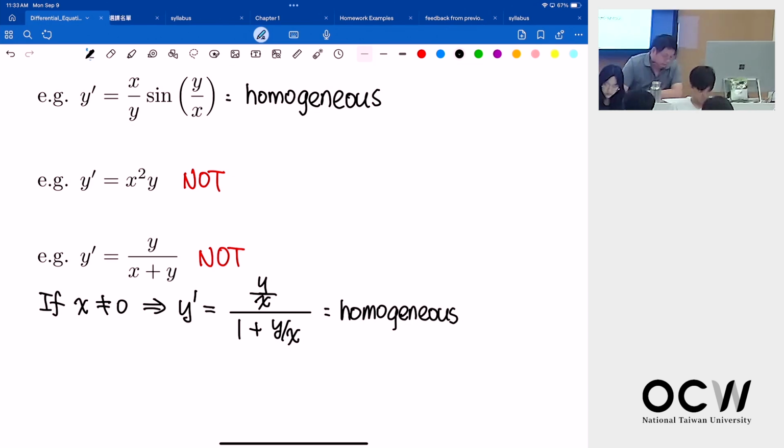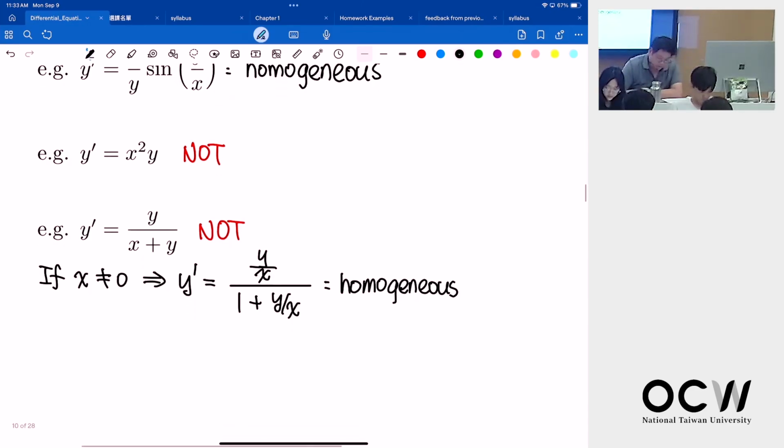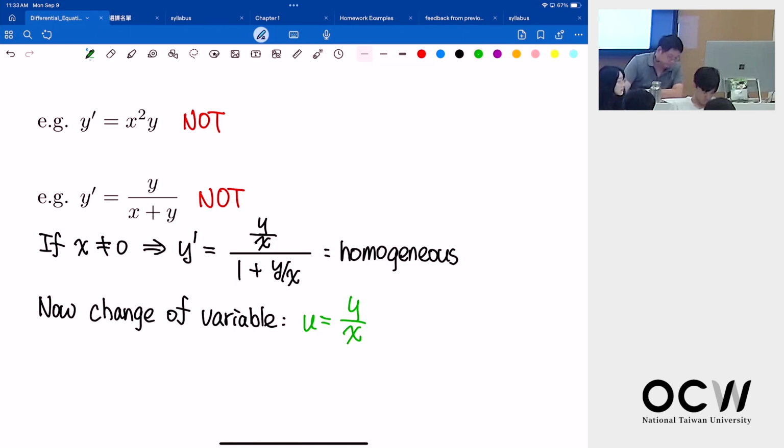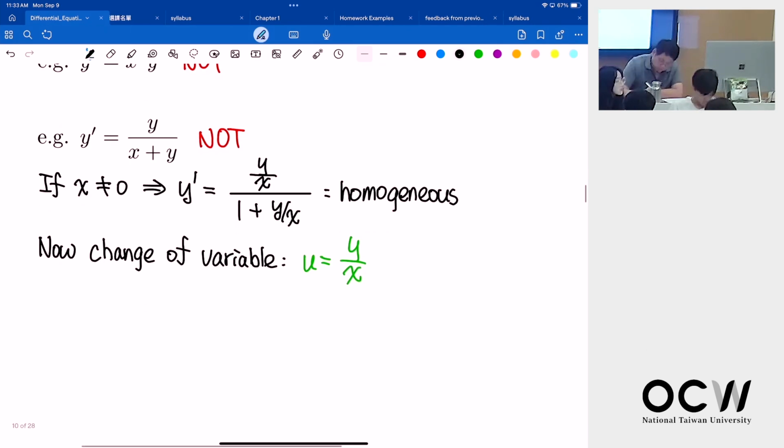So if you can find this is a homogeneous differential equation, we can use changing variables. So what does that mean? Change of variables. Say this time u equals y over x. So y is equal to ux, that means y prime will be u prime x plus u.